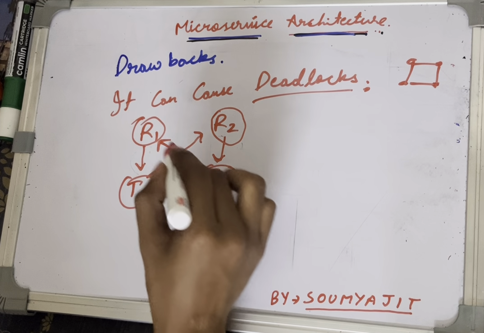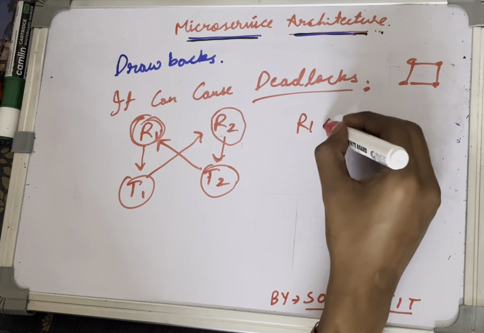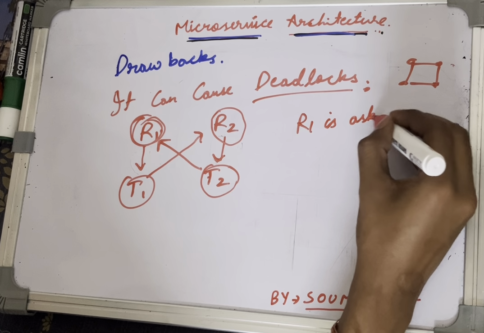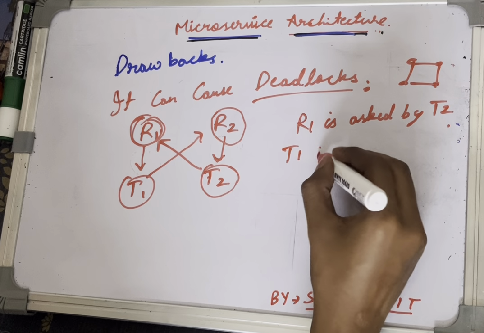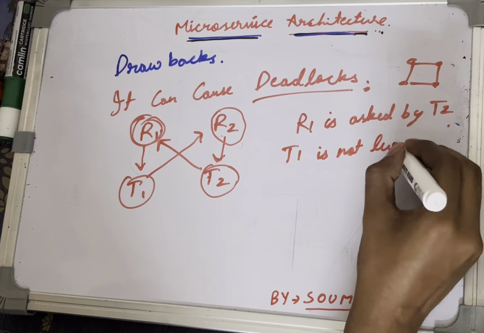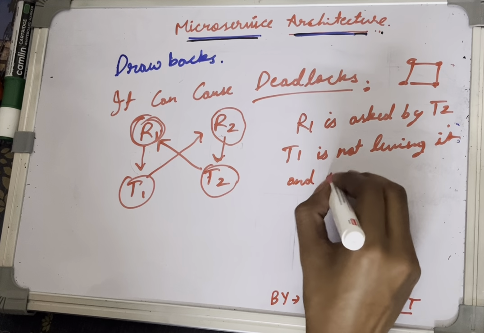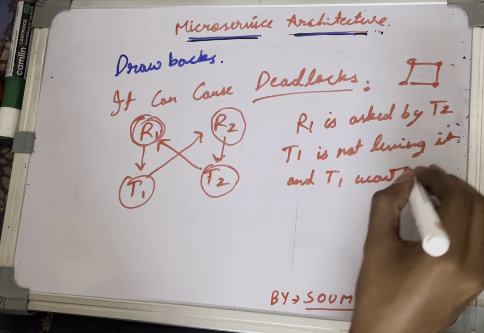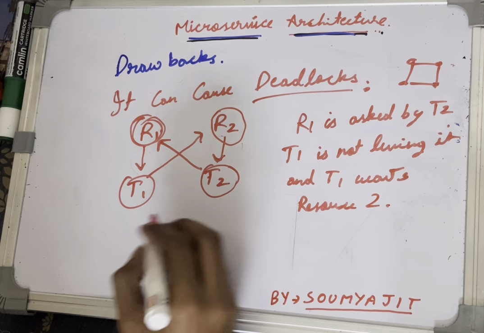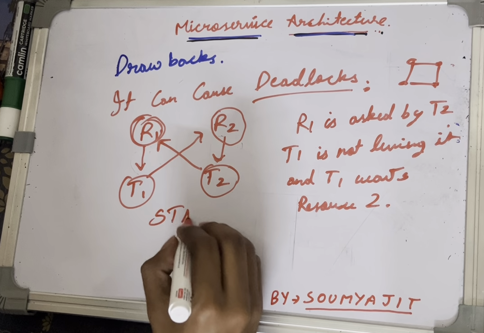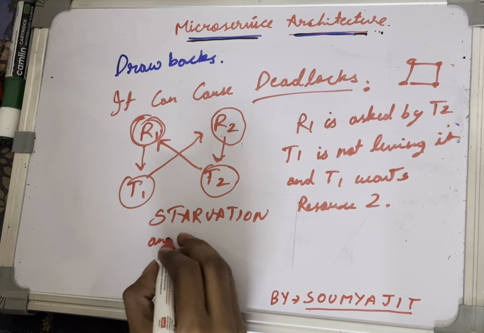But when T2 is asking T1 for resource R1, and T1 is not leaving it, and T1 wants resource R2, this can cause a condition of starvation and a possible deadlock.